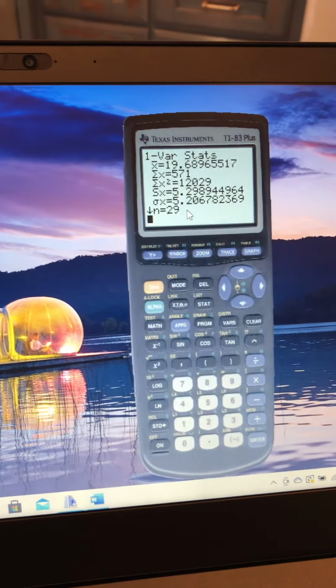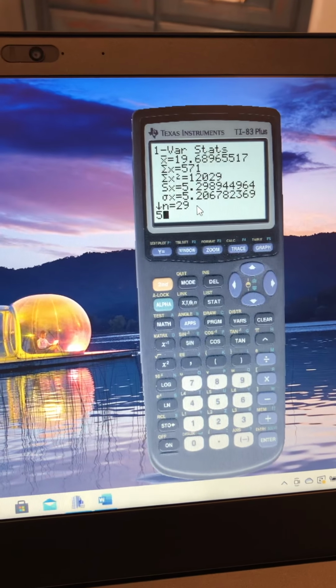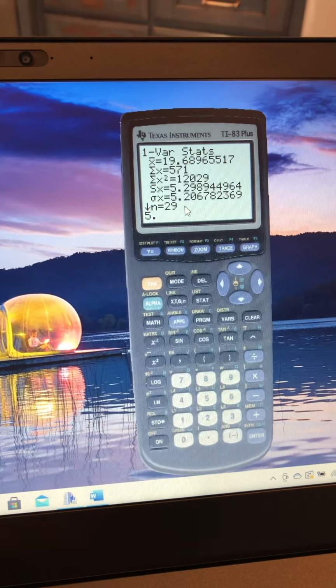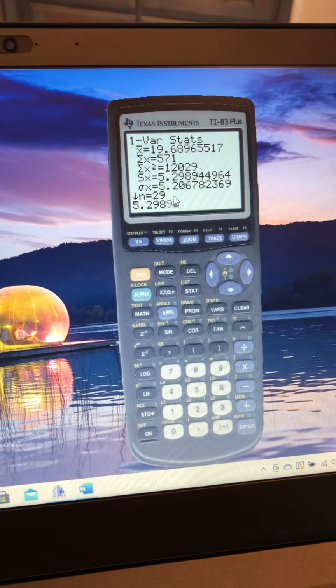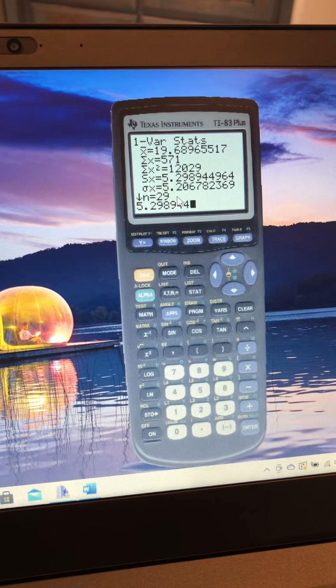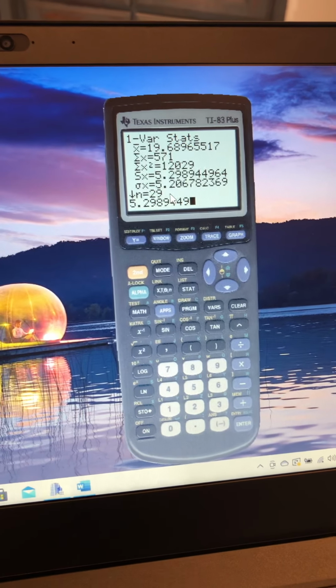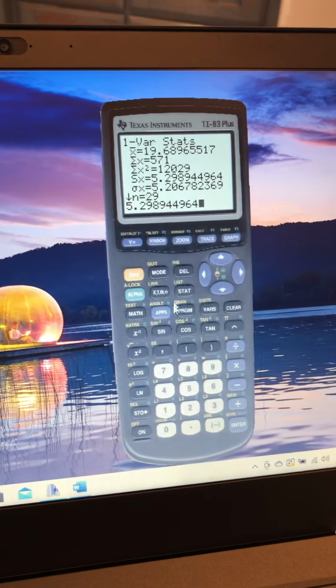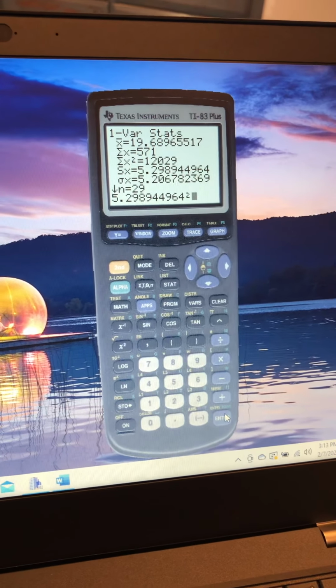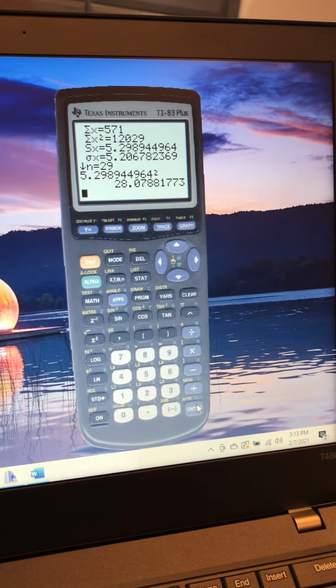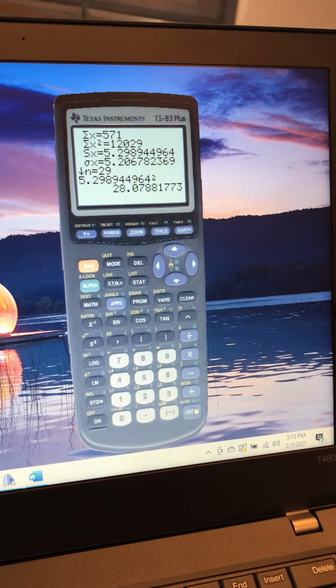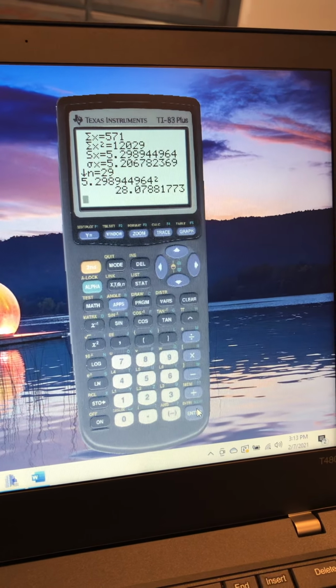I just type in 5 point, and then I type out that decimal, 298944964, and square it, just so that it doesn't give me such a rounding error. So if we round that one to 2 decimals, we should get 28.08. And that's my variance.